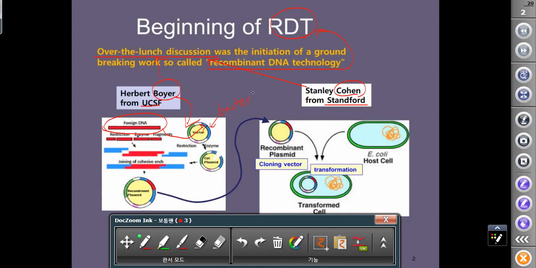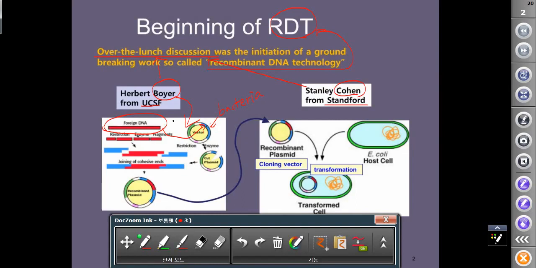Actually, the vector can be obtained from not only bacteria, but also from other sources like yeast and insect cells, etc. But the bacterial vector is the easiest one to manipulate actually.